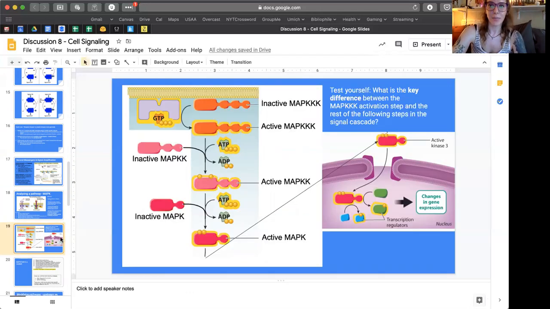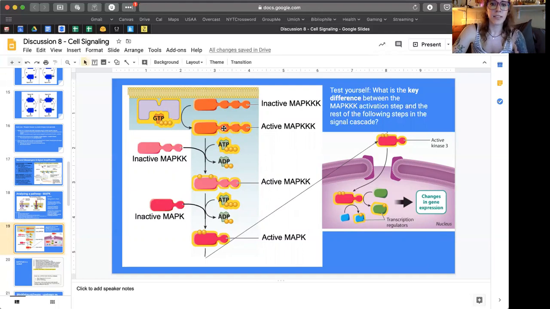Okay, so the next step in the process, you can see we have this now activated G protein. What's going to happen is it's going to interact directly with a MAPK protein, which currently is inactive. But when it directly binds and interacts with the G protein, that's going to change this to its active state. And again, you don't have to know what specific conformational changes are happening to allow that, but we just know that that interaction is going to allow this to be activated.